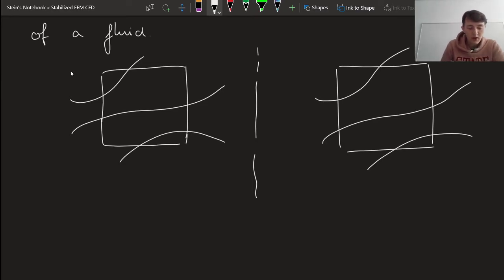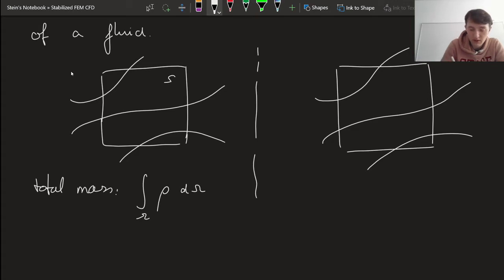So what's the total mass in a system like this? Well, it's going to be the integral of the density over our control volume. What's the total momentum inside of our control volume?